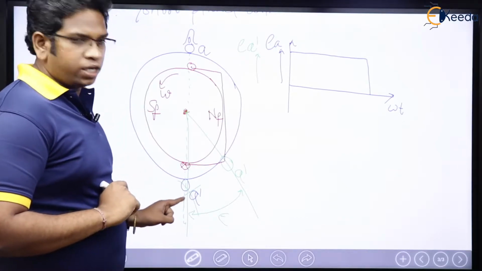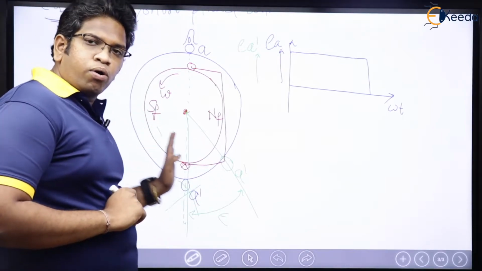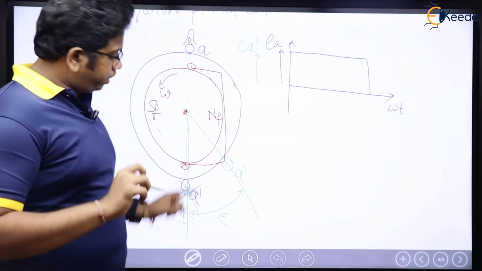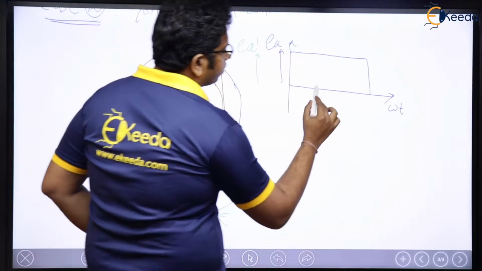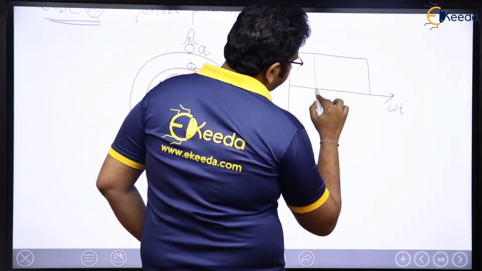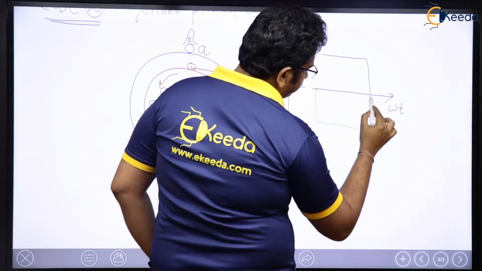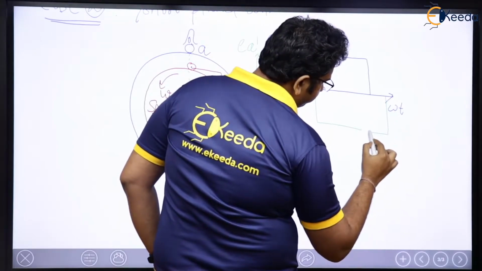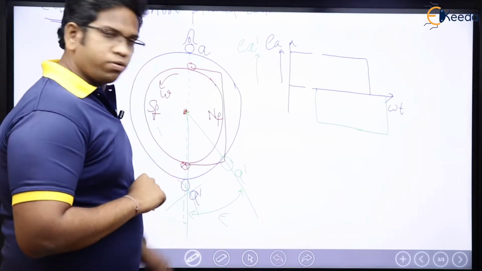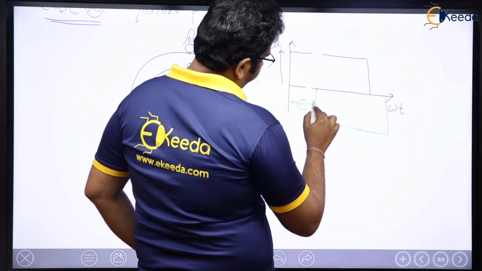Since A dash is not here, A dash is now here, which means SF has to travel more by an angle epsilon so that A dash will become maximum. So here A dash will become maximum after some time. And this will be this one, negative maximum, right? It is going to become after some time. This is going to be EA dash, right? And this angle between them is going to be epsilon.